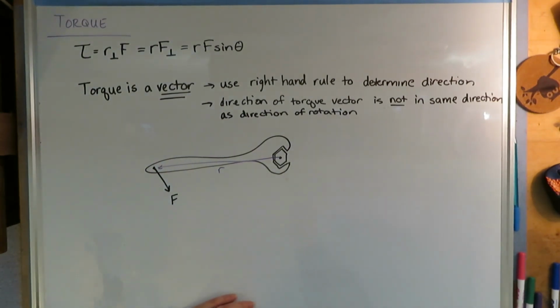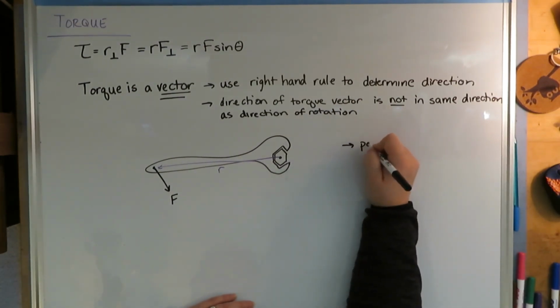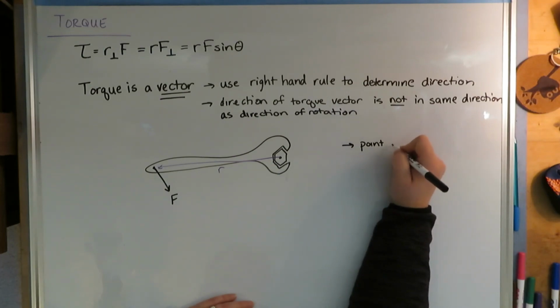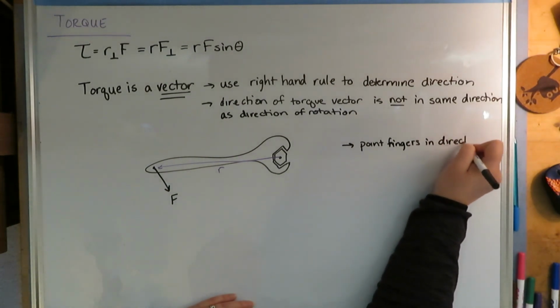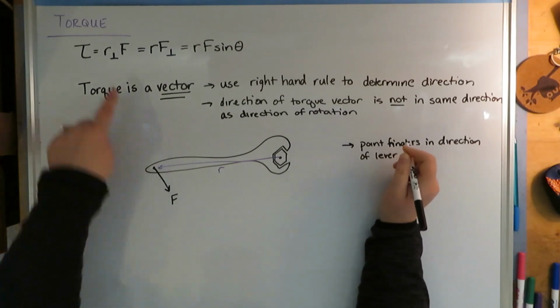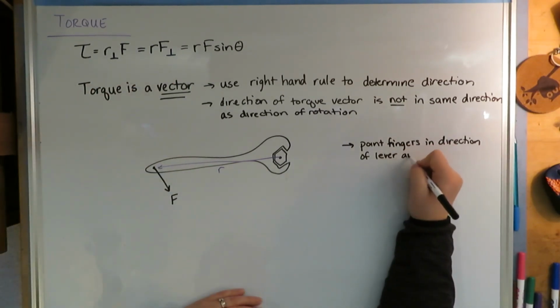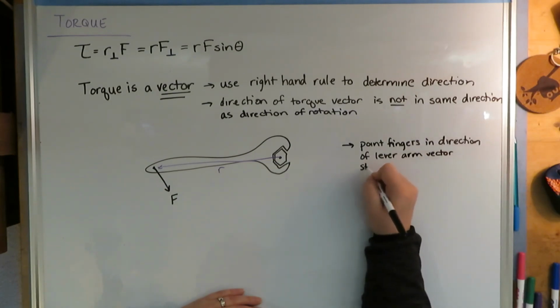If I point my fingers in the direction of the first vector, the lever arm vector, that's why the R is actually written first, starting at the axis of rotation.